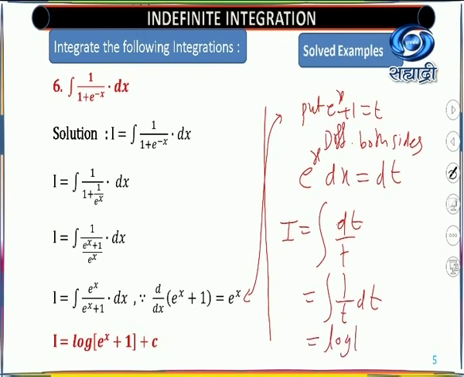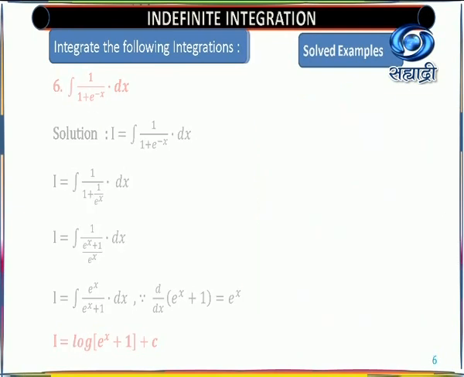So log of mod of t plus constant of integration. Now by replacing the value, you will get I equal to log of e raised to x plus 1 plus constant of integration. Okay, these are the middle steps over here. So here I wrote directly the answer because we know this type of concepts. So we have solved this way.